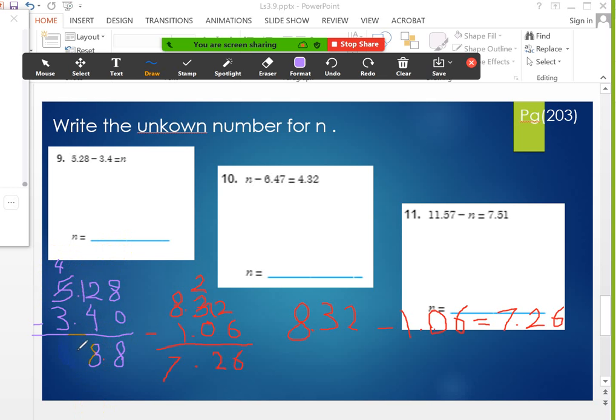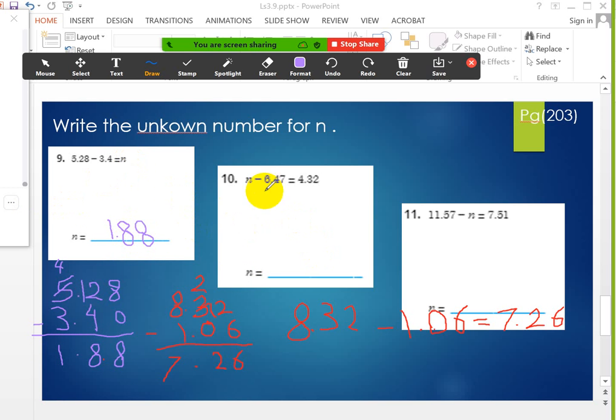Don't forget to take the decimal point, and 4 minus 3 equals 1. So the value of n will be the answer for this subtraction.